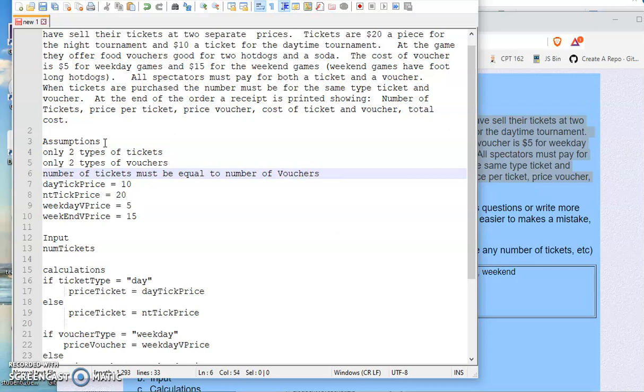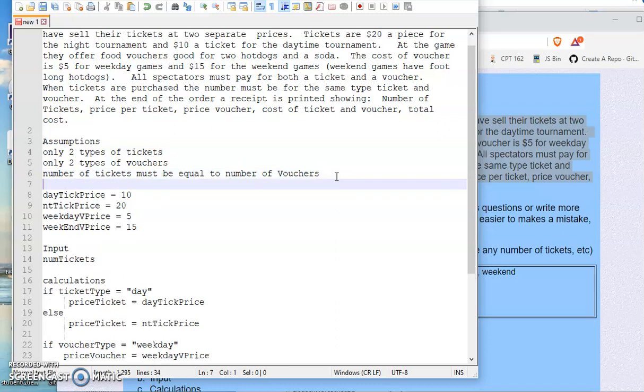And again, we're typing this out so I can go to the client and say, I believe you told me that the number of tickets has to be equal to the number of vouchers. Is that true? And then he says, no. Sometimes people can only buy tickets. Well, if that's so, this whole solution is not correct, and I have to redo it. But I have to find out now before I do any coding or anything like that.